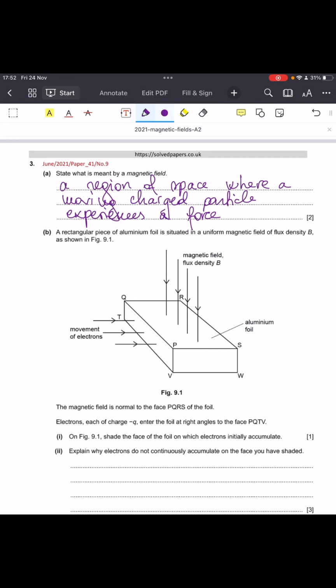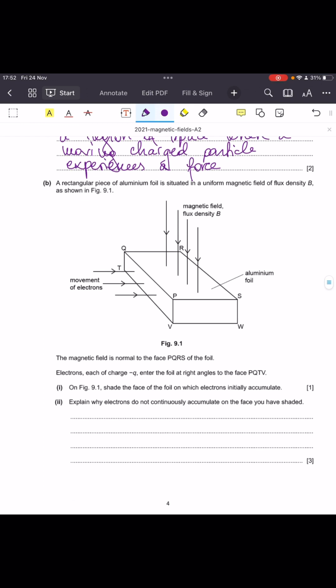Or you can also define the magnetic field by saying that the magnetic field is a region of space where a current carrying conductor experiences a force. But I like the moving charged particle in a magnetic field experiences a force.